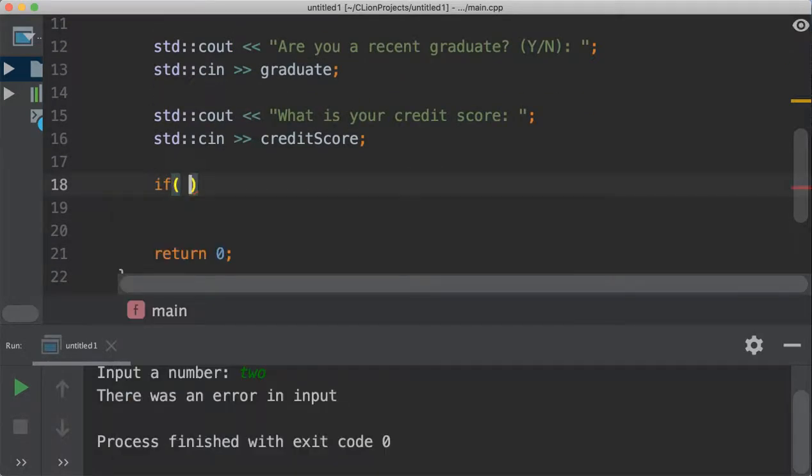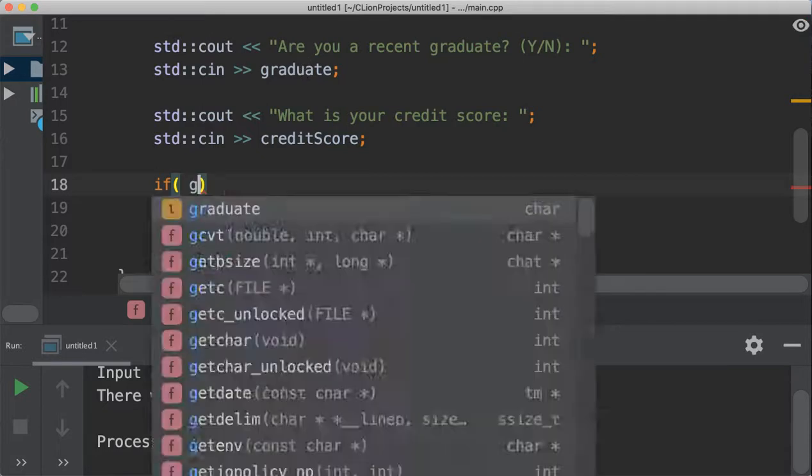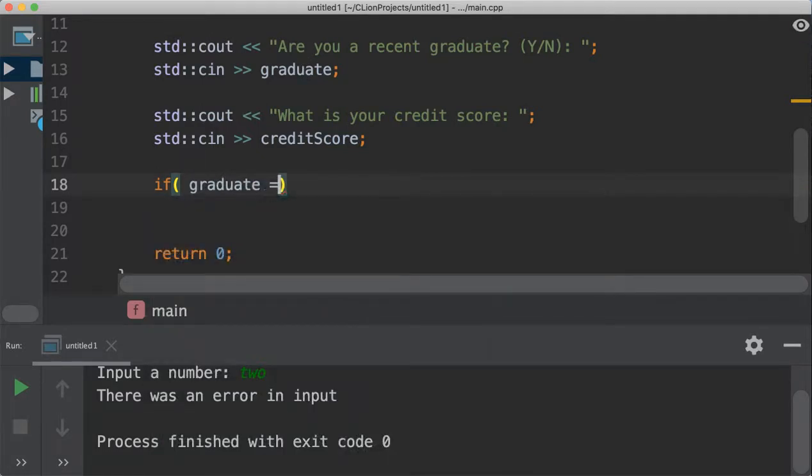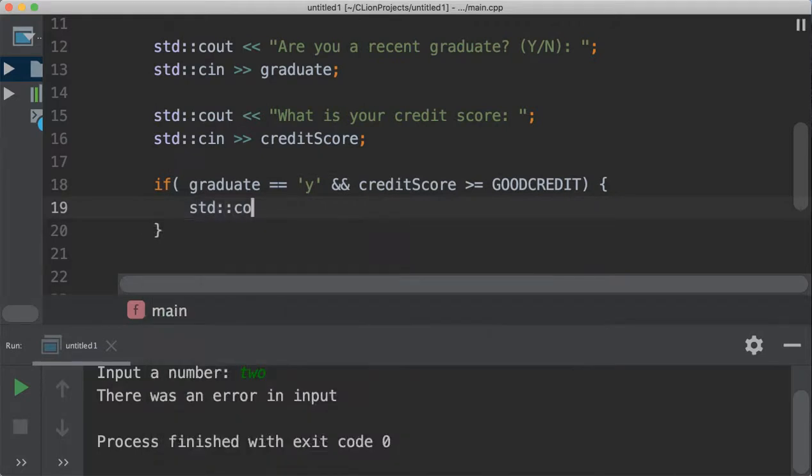So if you are a recent graduate and your credit score is greater than or equal to good credit, and there we go.